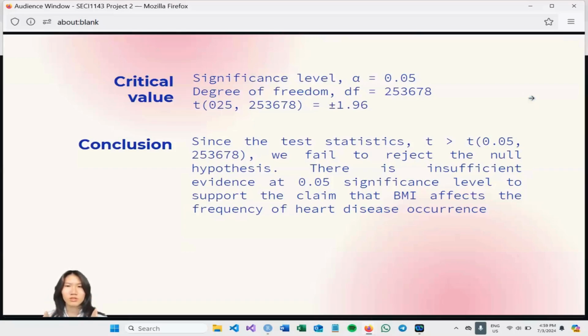Hence, it is still inside the acceptance region, so we fail to reject the null hypothesis. There is insufficient evidence at 0.05 significance level to support the claim that BMI index affects the frequency of heart disease occurrence.